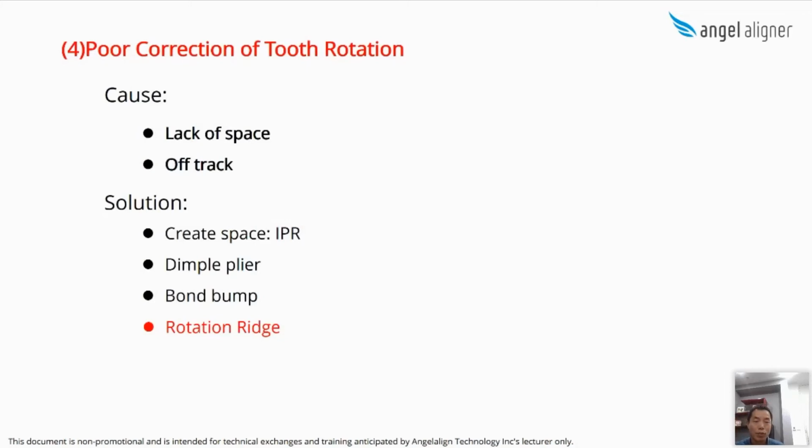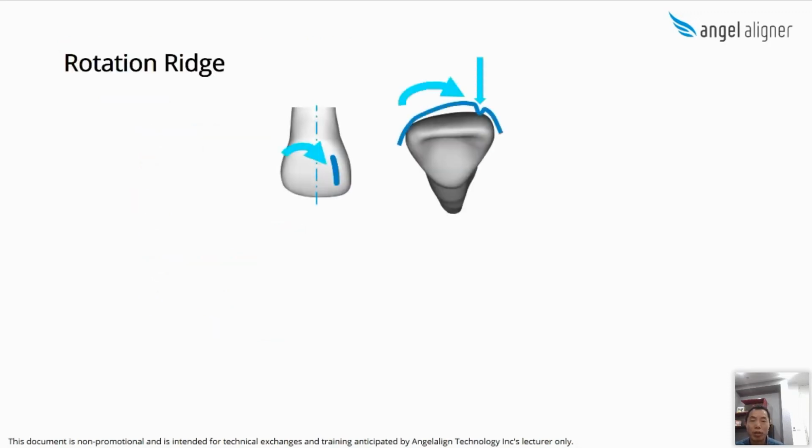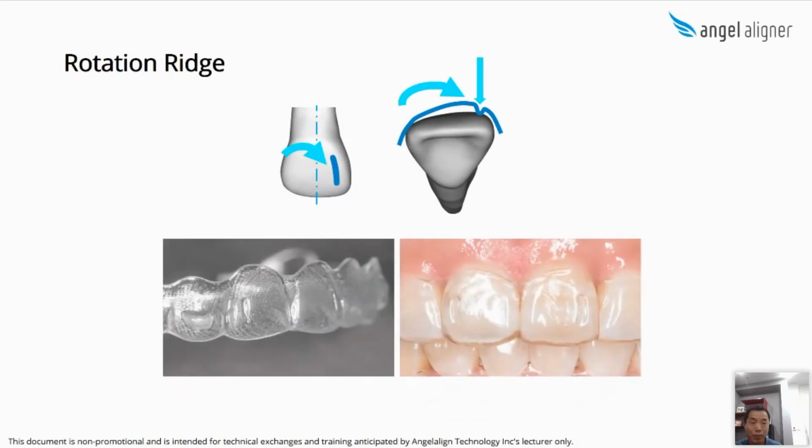The fourth solution is the rotation ridge. Andy Tian developed a rotation ridge feature for incisor derotation. You can ask the technician to add this feature in the last 3 stages of staging. It's like this. Here also the tooth is 11.